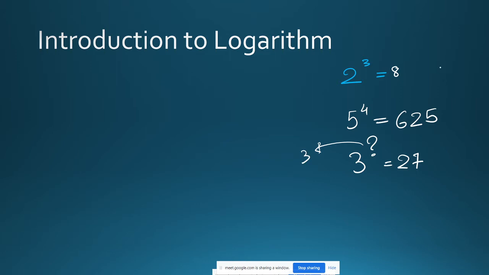But if you see in the first two questions, I gave you the number, I gave you the power, and I was asking you for the answer, right? But in the third question, I asked it the other way around. I gave you the number, I gave you the answer, and I was asking about the power.